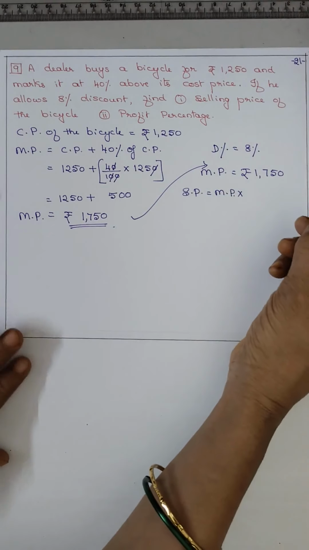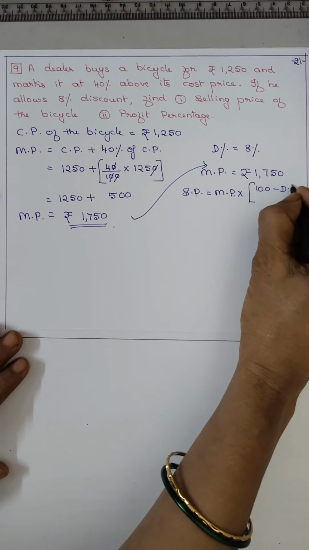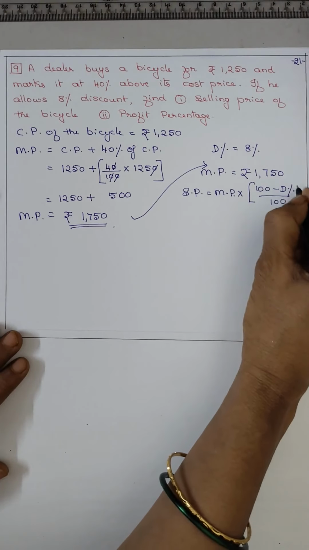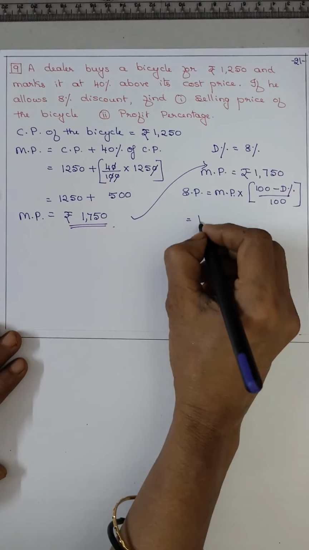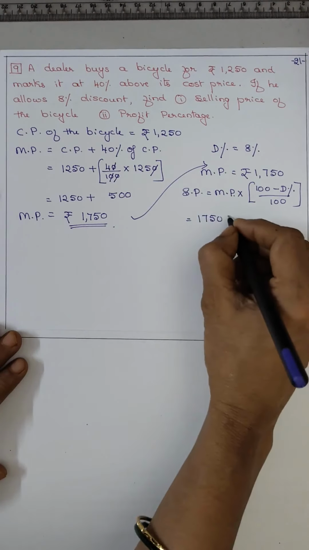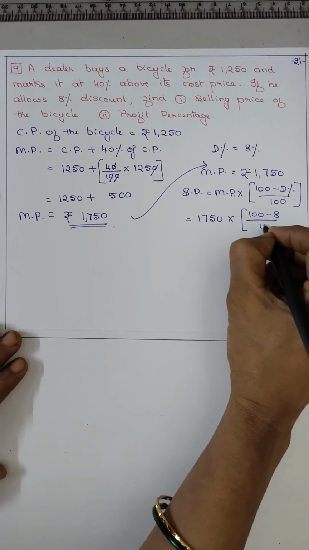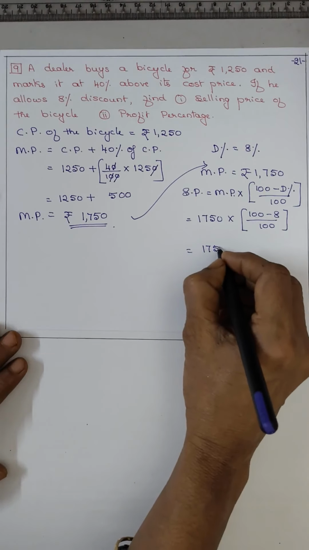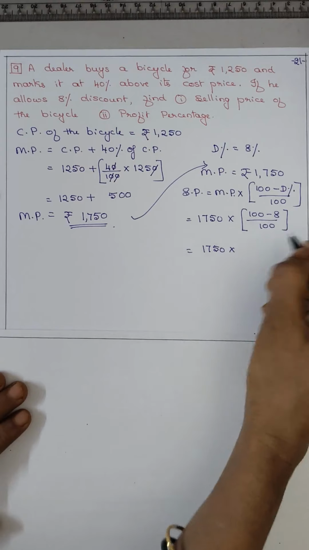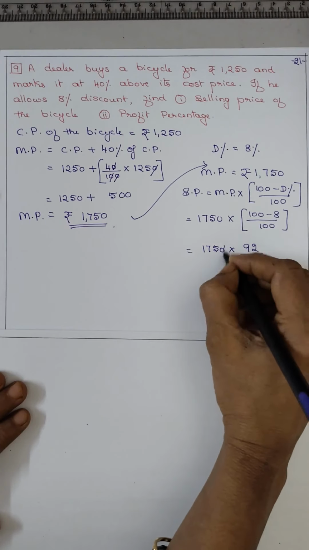MP into (100 minus discount percent) upon 100. MP is 1750 into (100 minus 8) upon 100. 1750 into (100 minus 8 is 92) upon 100.